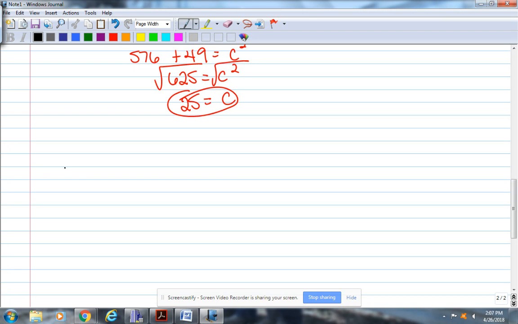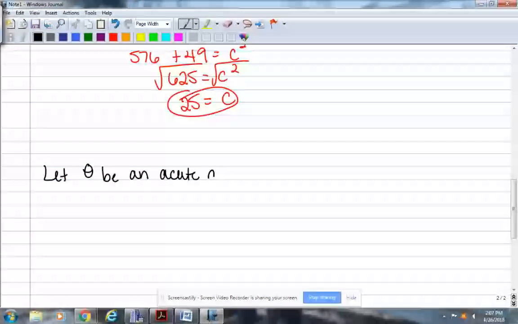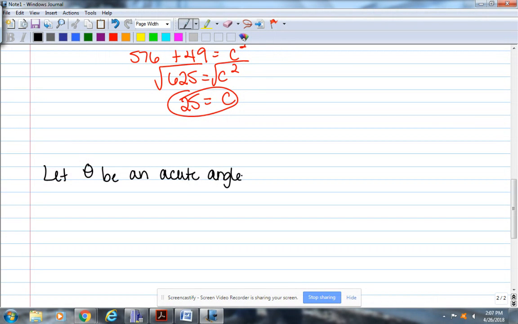Let theta be an acute angle. What does acute mean? It means less than 90 degrees. So theta is an acute angle of a triangle.